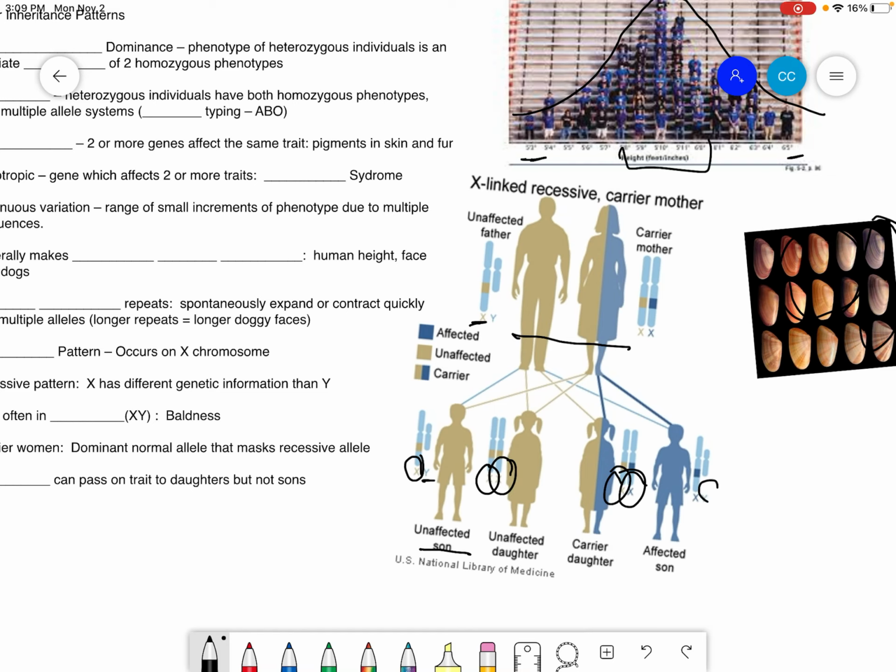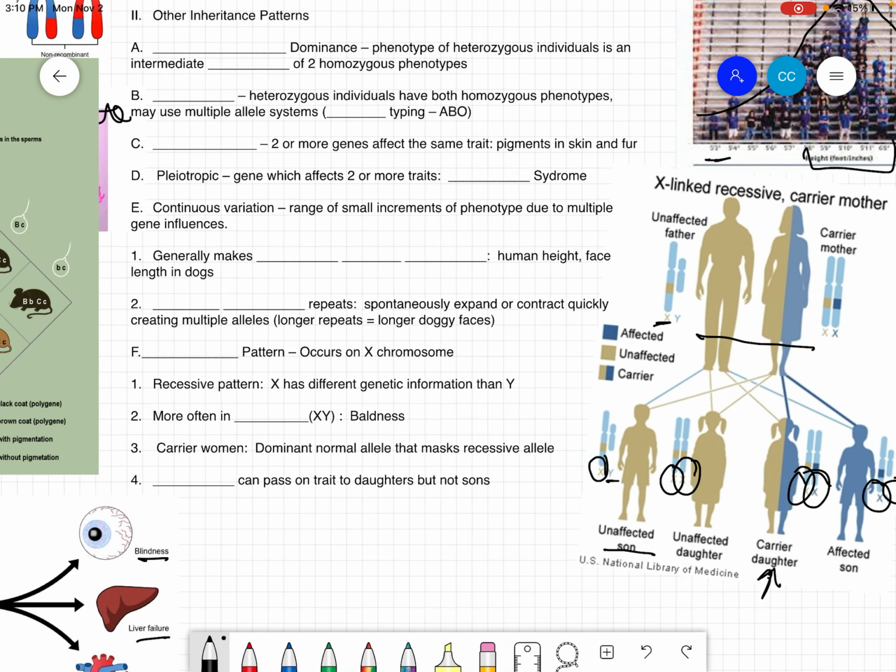So dad would give the Y and mom would give the affected X. So what's going on here is you have 4 different genotypes, but honestly you have 2 different phenotypes, the unaffected and the affected. And that matters because you could have a carrier daughter and have a line of carriers and have it not be expressed until much later down the line, depending on how many children you have or if you have sons or daughters.